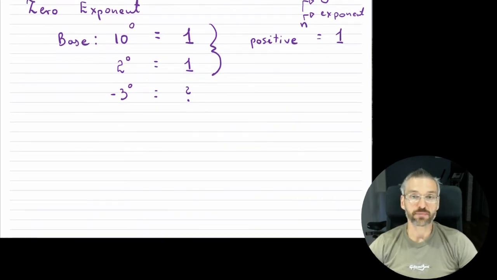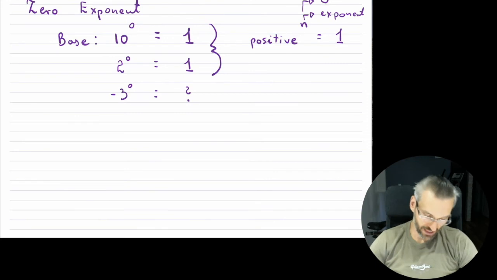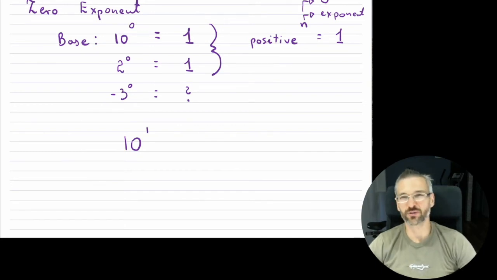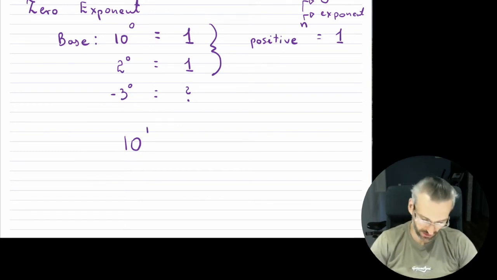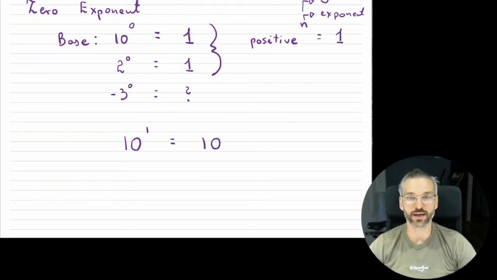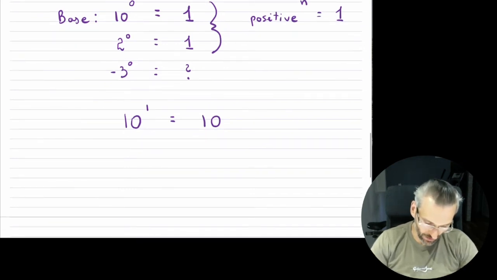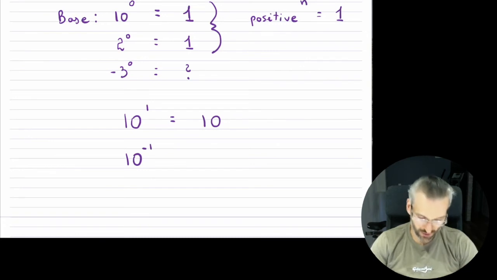So now let me ask you something. Let's say I'm going to take that base 10 and I would have 10 to the 1. What is 10 to the 1? Well, 10 to the 1 is just 10 because you're multiplying 10 one time. Now, what if I asked you, what is 10 to the minus 1?